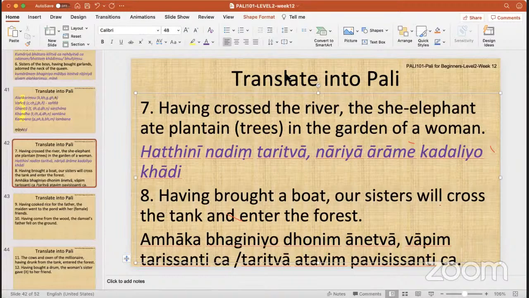Does Doni have an H? Dhoni? Is Doni the boat?